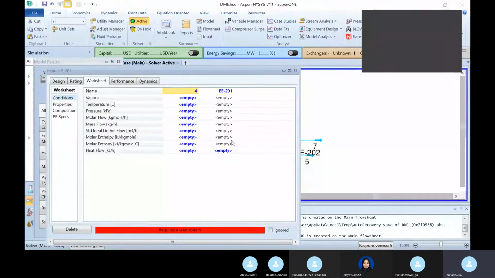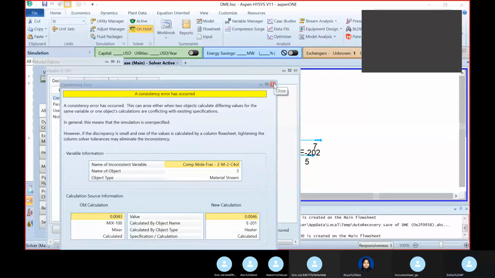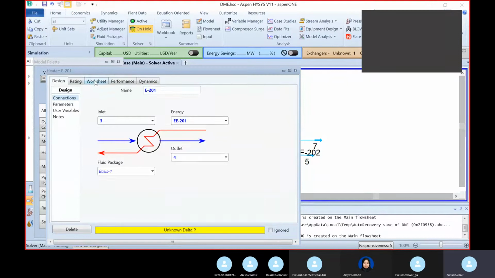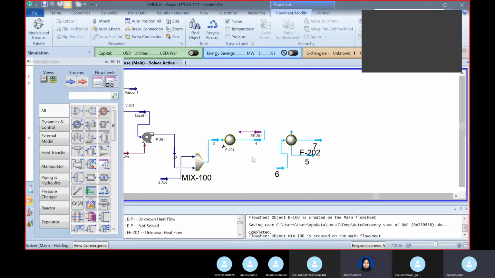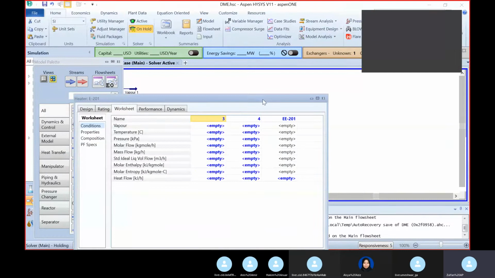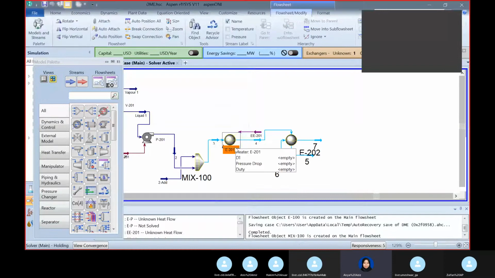So now, exactly, you have specified it somewhere in the old calculation. What have you specified in the exchanger? Go to composition. Should I delete this, or should I just delete the whole heat exchanger? Just disconnect that stream 4 first.